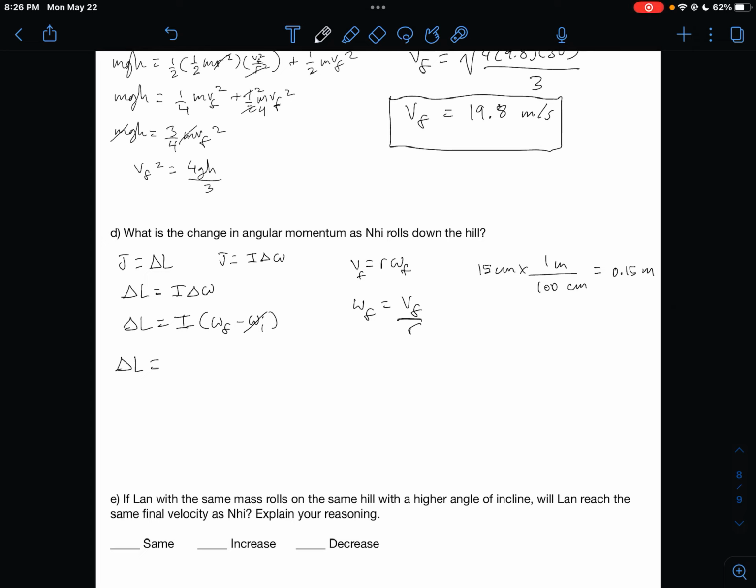Then I can use that and plug it back in here, and then you see that the r's cancel out, so then angular momentum will just be 1/2 m r vf.